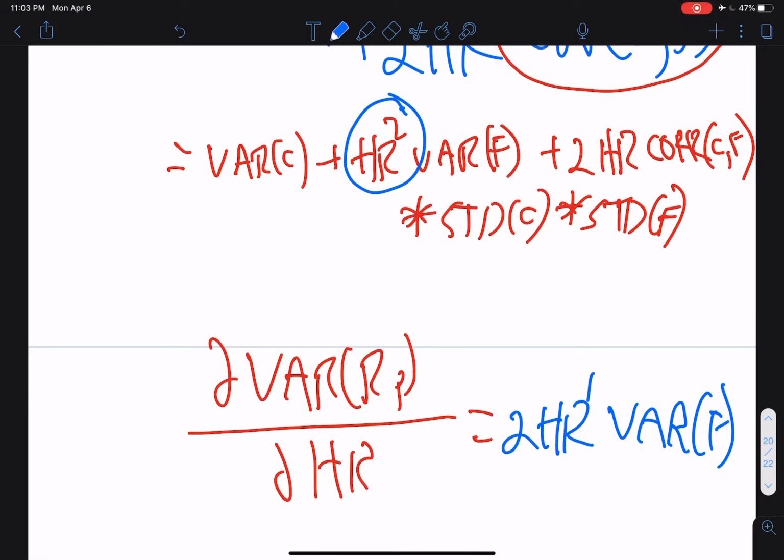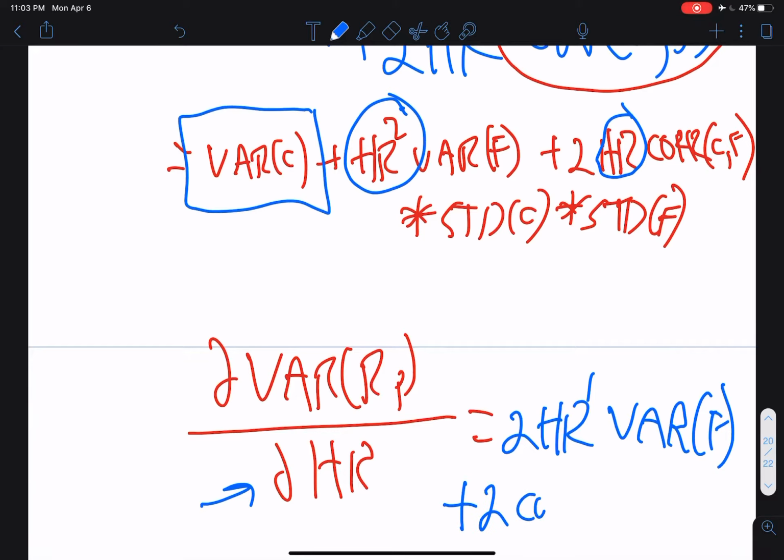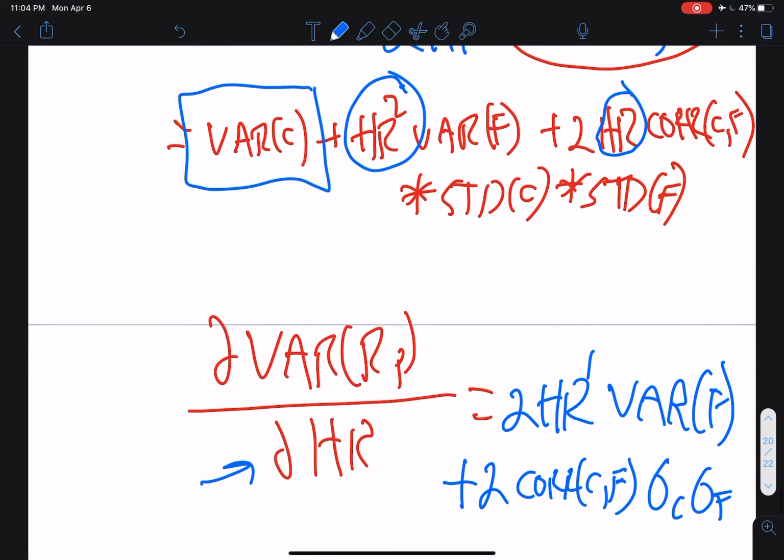We noticed that the first term didn't have an HR in it, so it was not relevant. The third term does have an HR term in it, and since we're differentiating with respect to HR, that's going to leave us with plus 2 times the correlation coefficient between C and F, and then multiplied by, and I use the other notation, sigma C, sigma F, because I ran out of room there. Okay, so we're left with that.